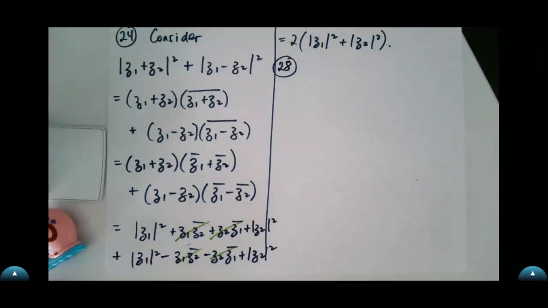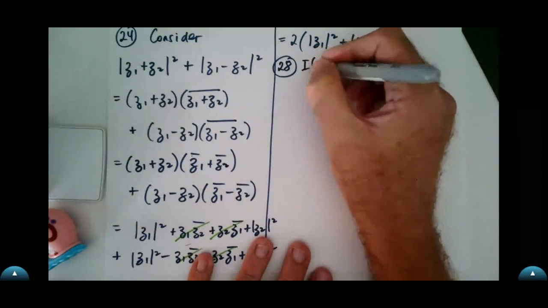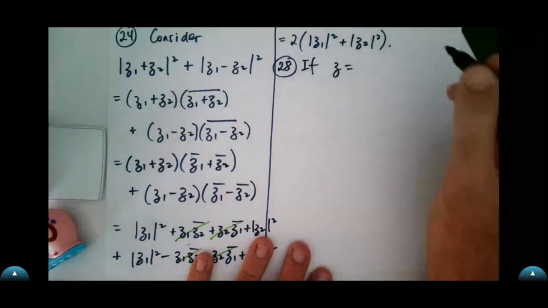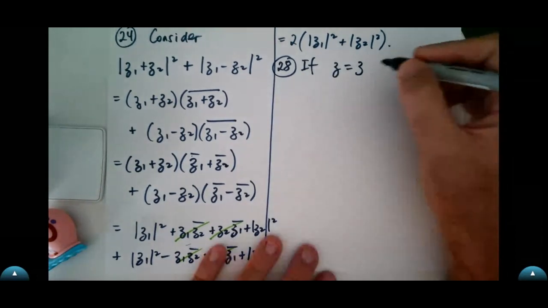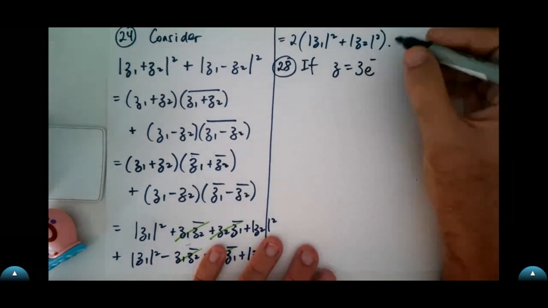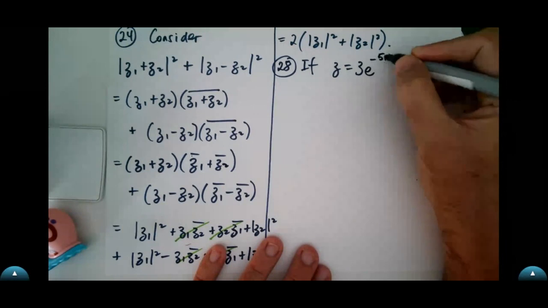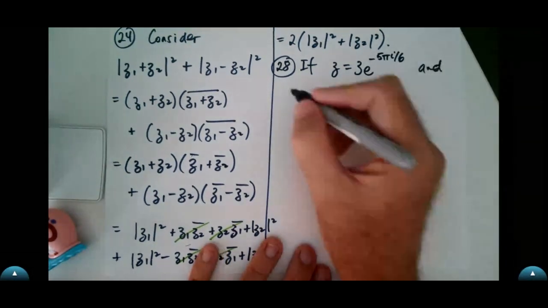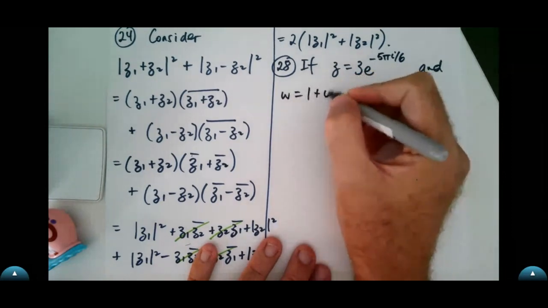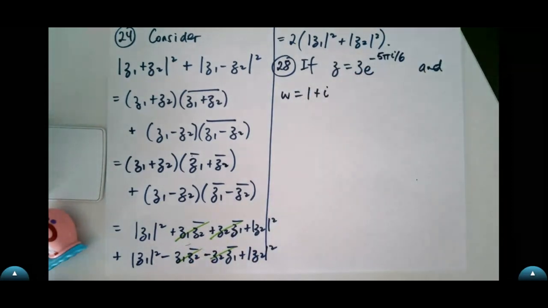Okay, so we've got Z in this polar exponential form, which is a length and an angle. And we've got another complex number, which is in Cartesian form. Okay, so let's put this together.